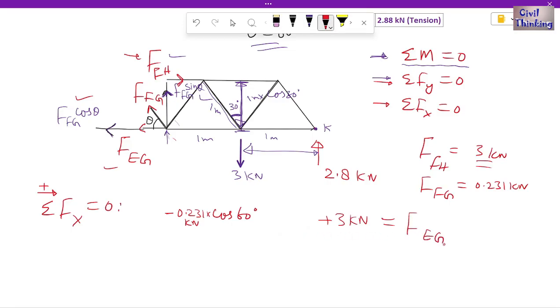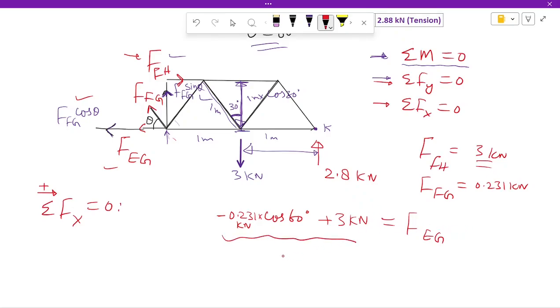Force in EG. So when I solve this equation, minus 0.231 multiplied by cosine of 60 plus 3, let me use a calculator, all of this, when we solve this, it is 2.88 kilonewton. Okay, so force on EG is 2.88 kilonewton.